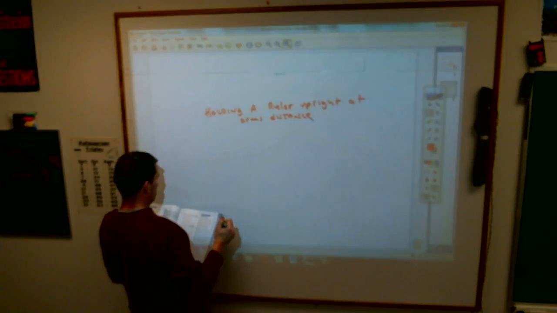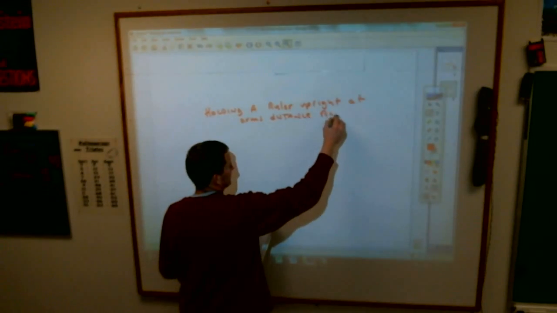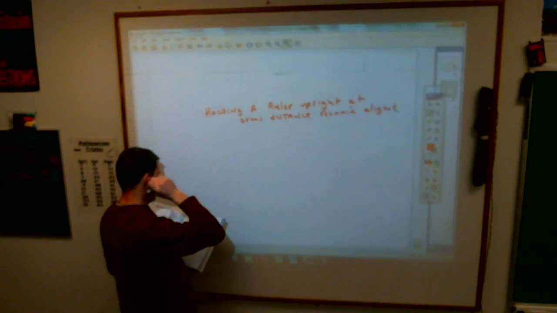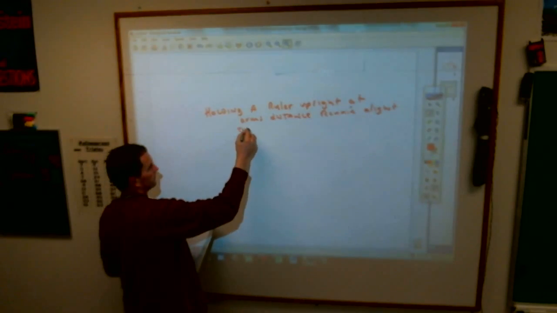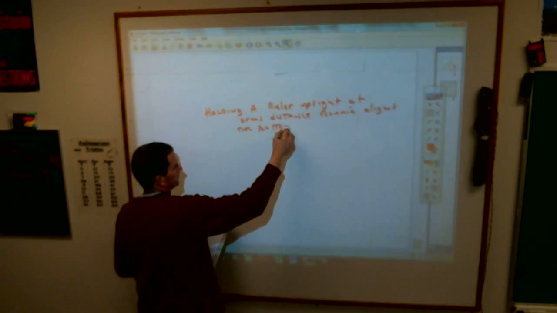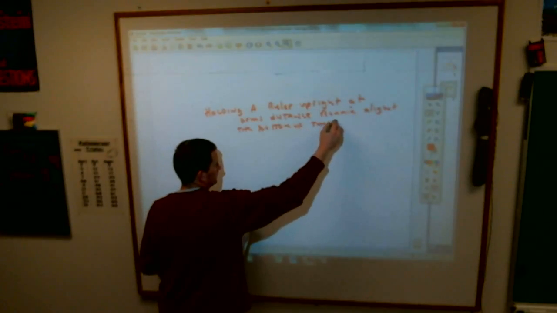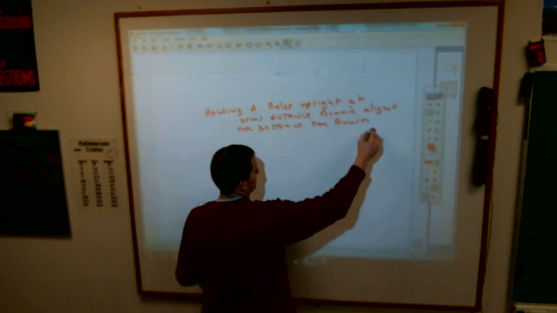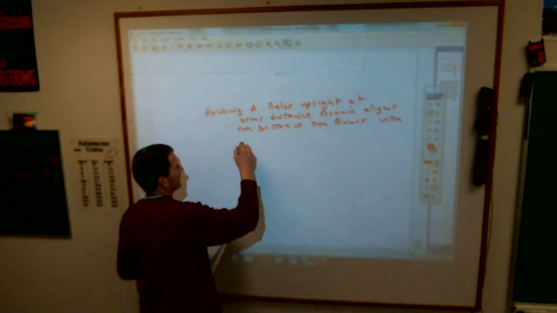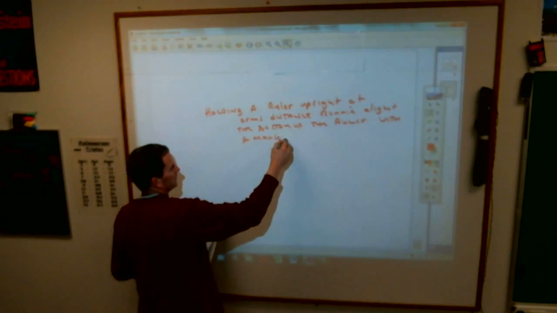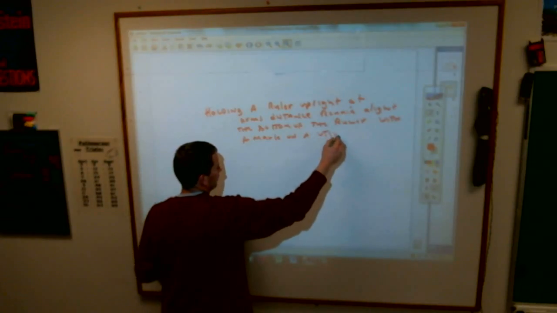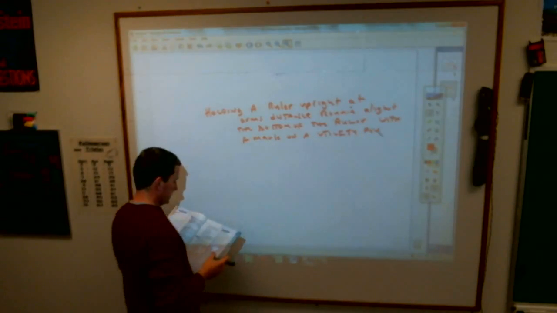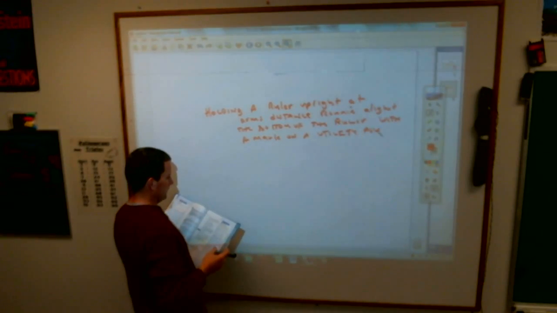At arm's distance, Ronnie aligned the bottom of the ruler with a mark on a utility pole that was about 5 feet above the ground.